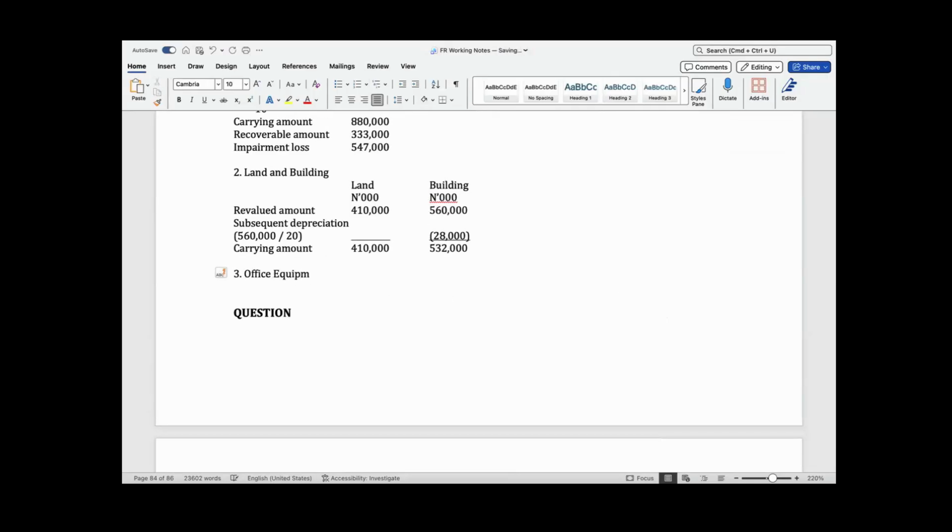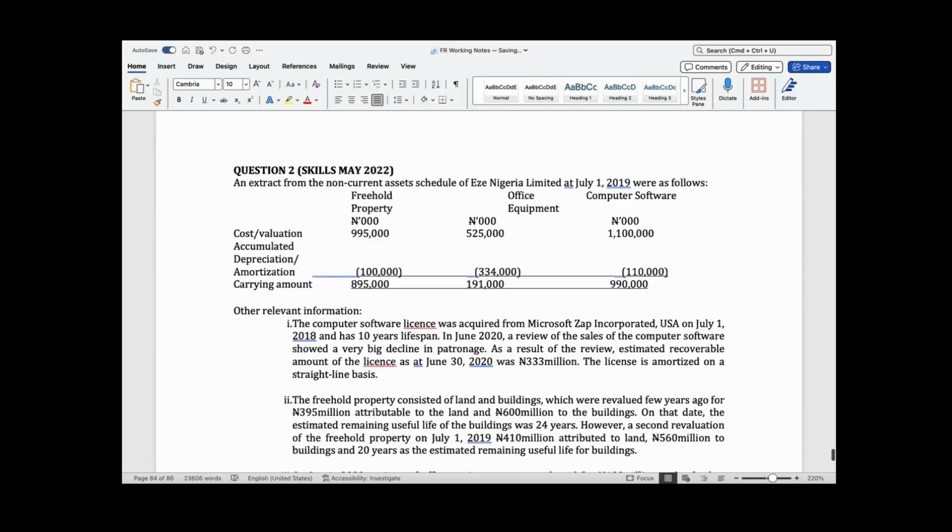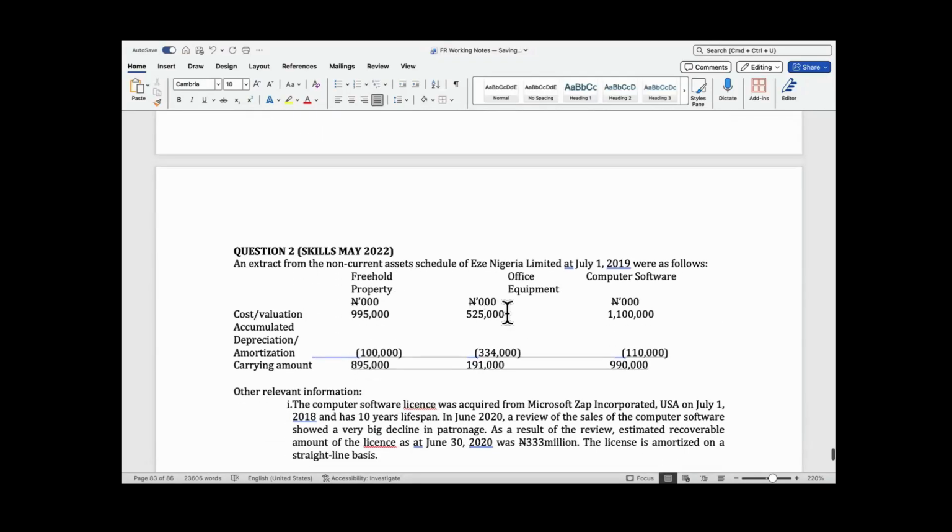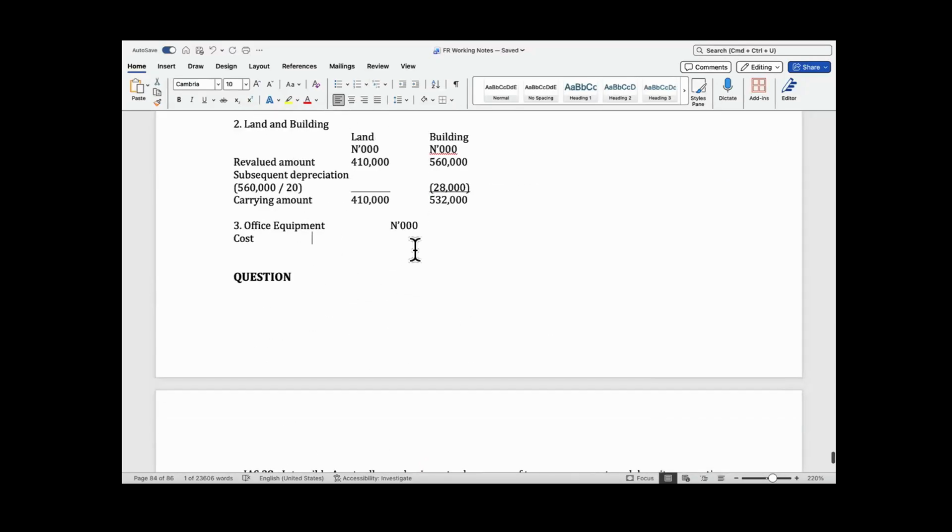So to get the value of office equipment in this case, I will get the cost of the office equipment, which is 525 as given here. Then there was additions, which is 128 plus 22, which is 150. Now total is 675.